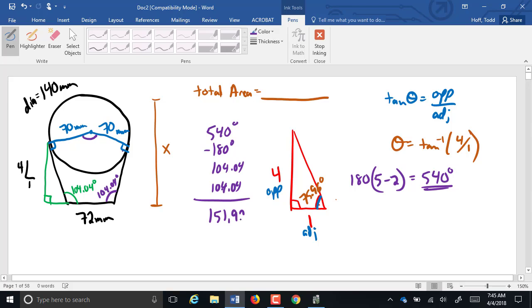Is that 151.92 degrees, I believe? That angle is 151.92.